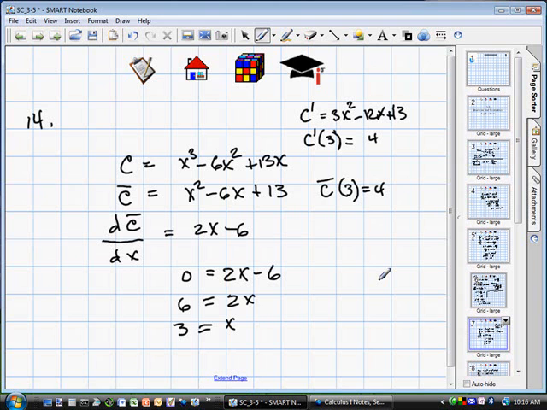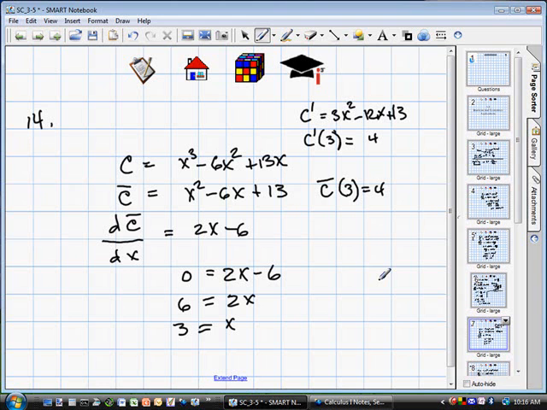Then we're supposed to minimize the average cost. So I got to take the derivative of C bar, and I wind up with 3. x equals 3 will minimize C bar. Then, let me tell you what I'm doing up on the top right. I found out 3 is the best.